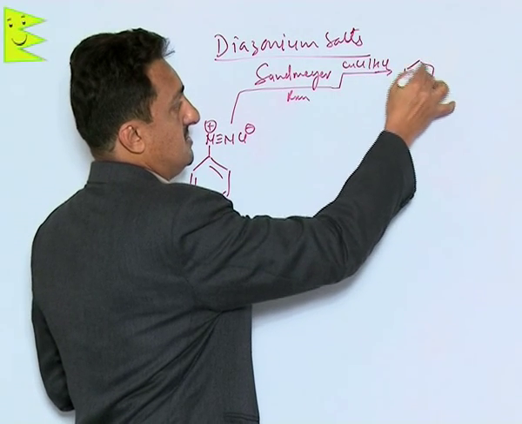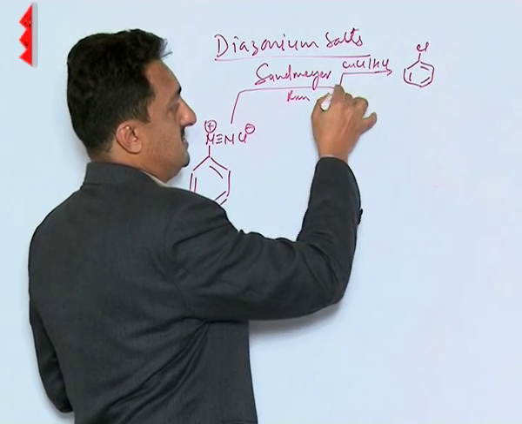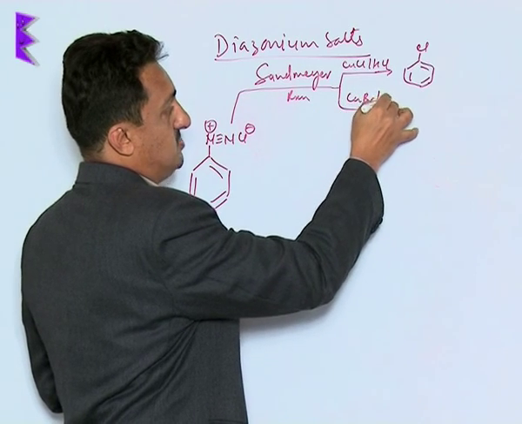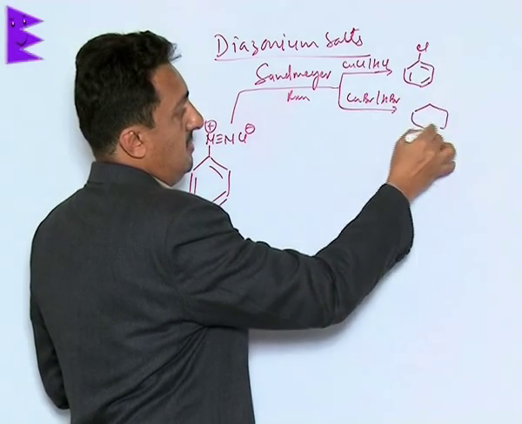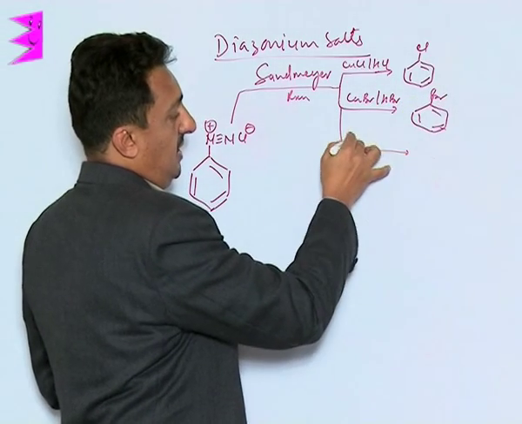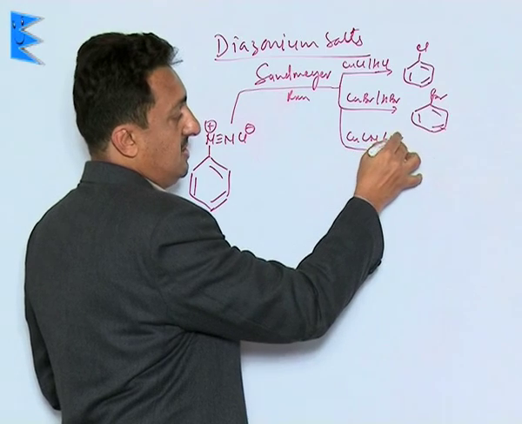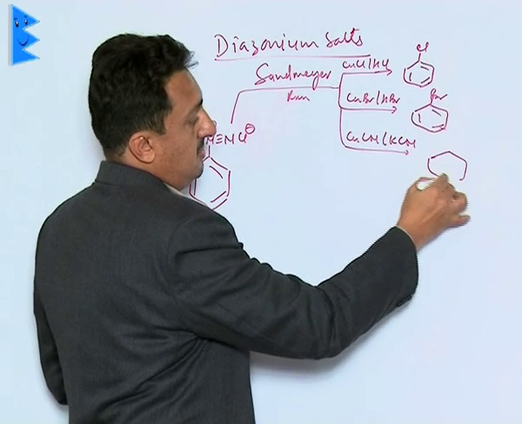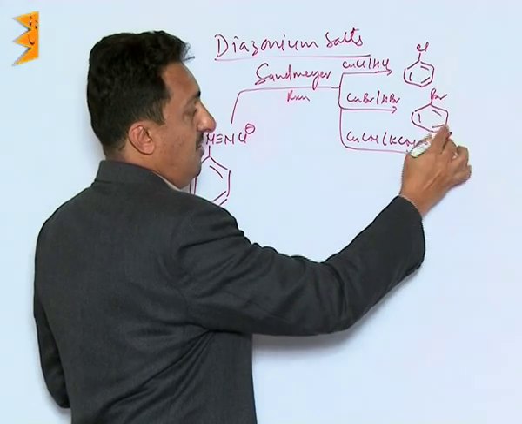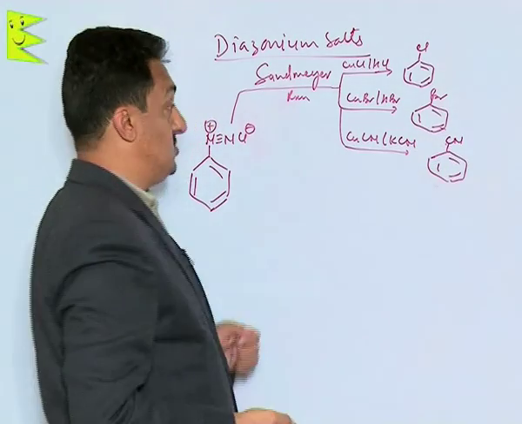So we get, in this case, chlorobenzene. If we react this with CuBr and HBr, we get bromobenzene. And when reacted with CuCN and KCN, we get cyanobenzene. As I've told you, these all are nucleophilic substitution reactions.